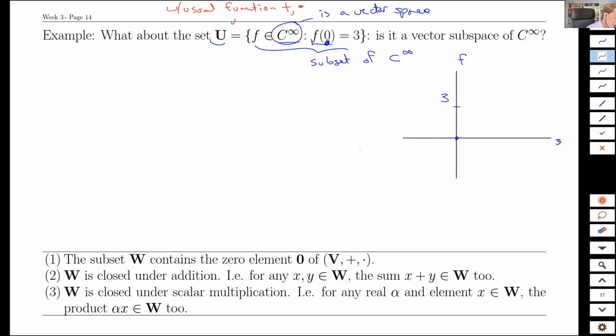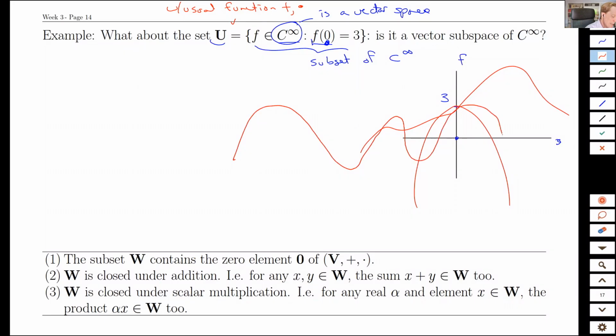Okay, that's not a function. Let's try that again. There we go. That would work. We could have a parabola that opens downwards that does that. We could have some kind of cos thing happening. So there's a lot of functions in there. There's an infinite number of functions, in fact, in that set. So U contains an infinite number of functions.